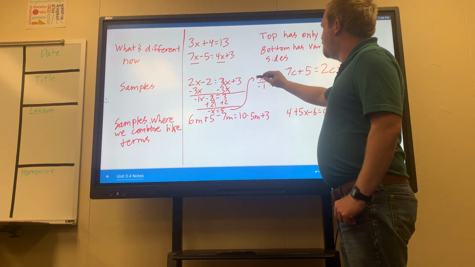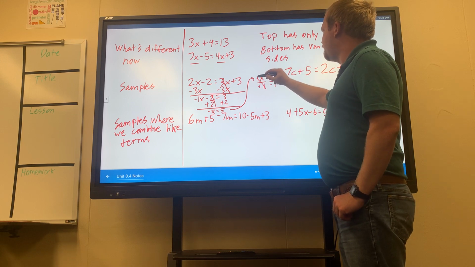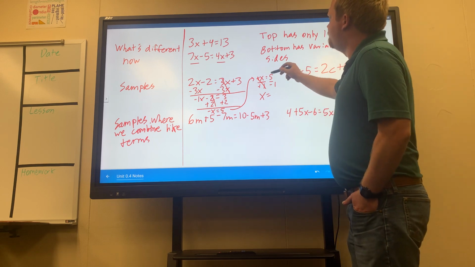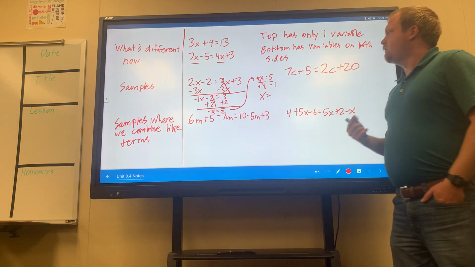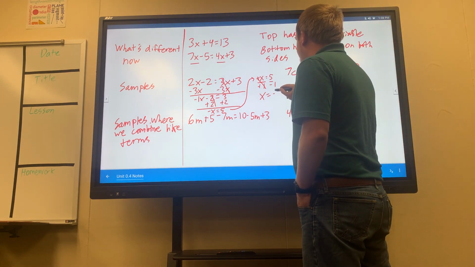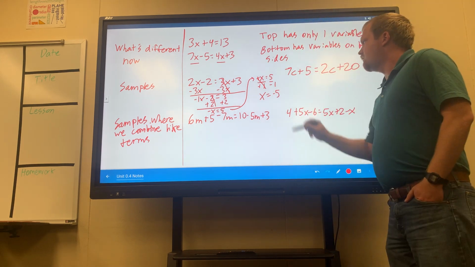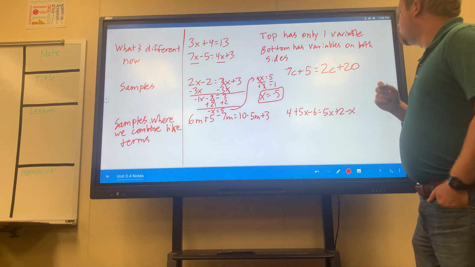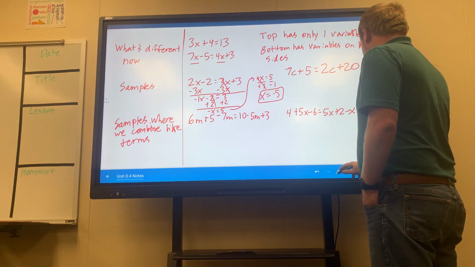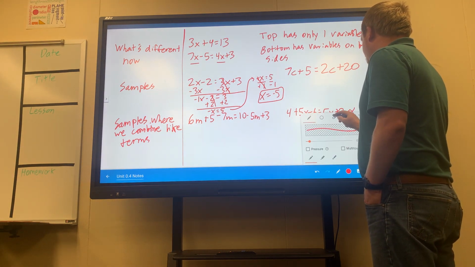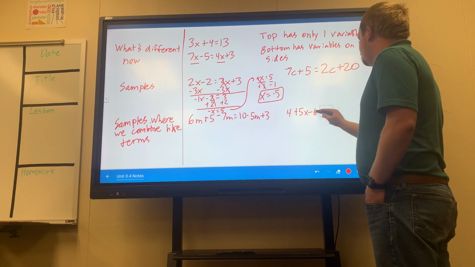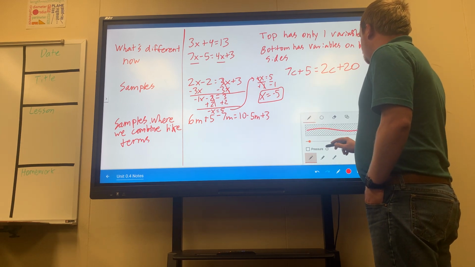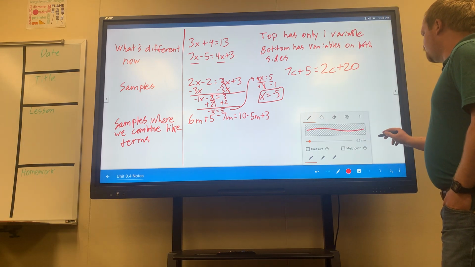So the negative will basically cancel out, makes it positive, so I have positive x. Now, 5 divided by negative 1, that's going to give me a negative 5. And that's going to be my answer. Okay? Now, I'm going to erase this bottom part so that way I can have enough room. I'll rewrite this once we get back to it.